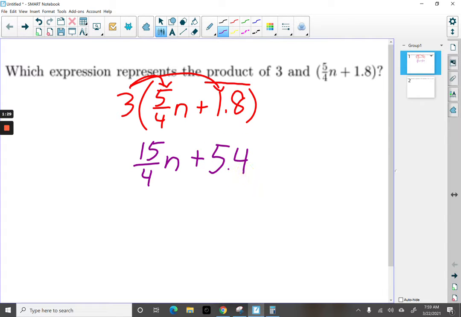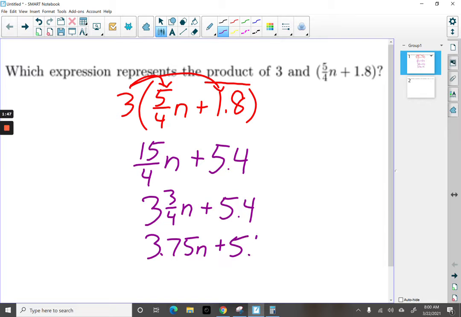And depending on your question, we may have to adjust some of these. 15/4 is the same thing as 3 3/4 n plus 5.4, or 3.75 n plus 5.4. Either one of those would work.